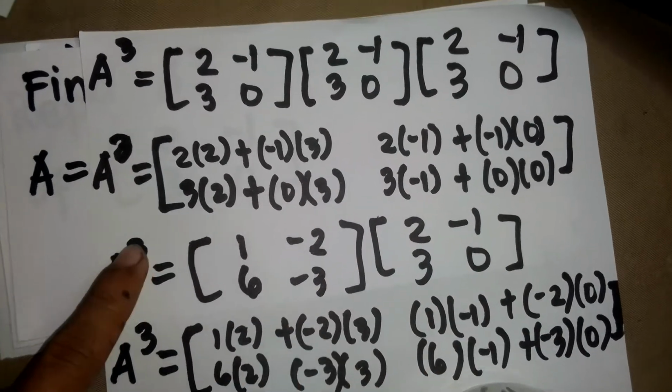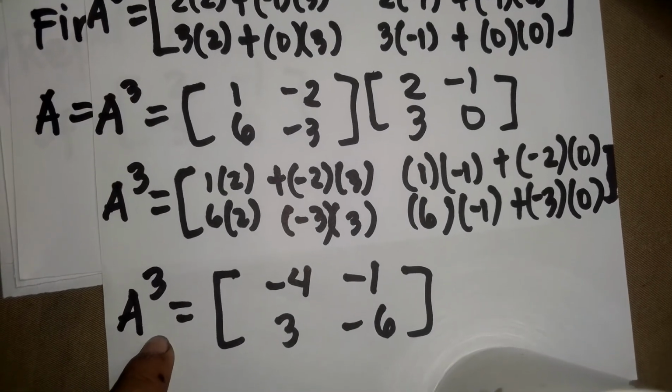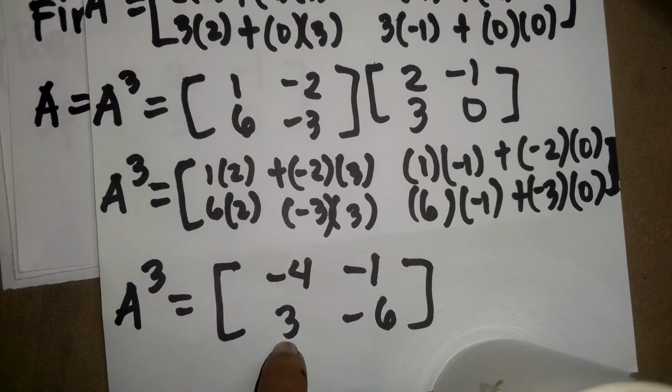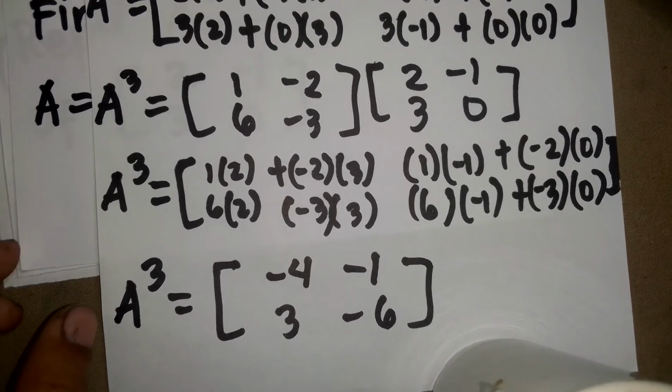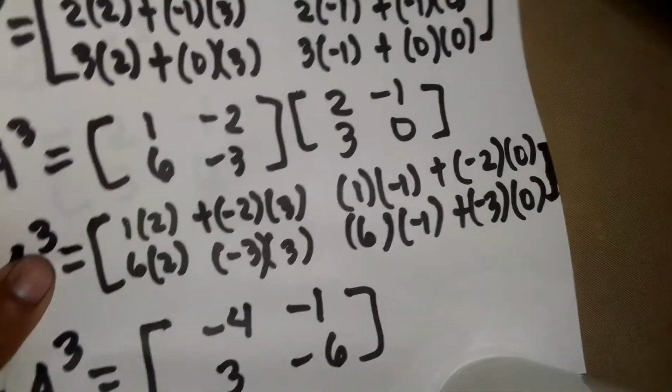For A cubed, we get a value of negative 4, negative 1, 3, negative 6. That is repeated matrix multiplication. These are the topics in multiplication of matrices.